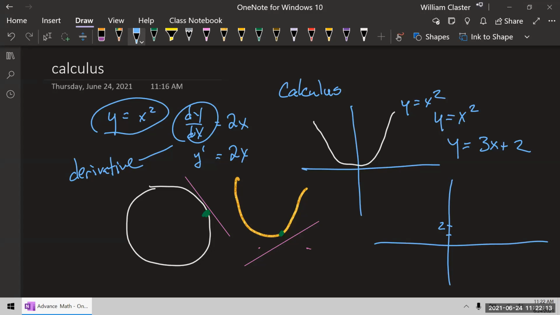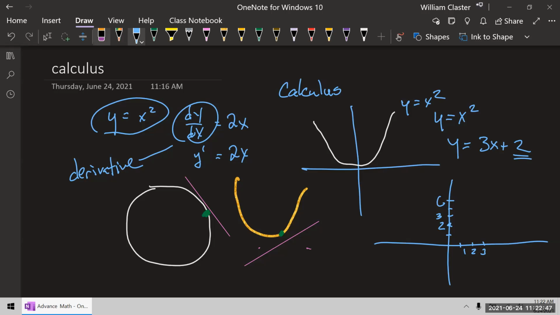And we know that this is going to go through this point because it has a y-intercept of 2. Then if we move over 1 unit, this is going to increase by 3. 1, 2, 3, 4, 5. That's wrong, let me change that, sorry.